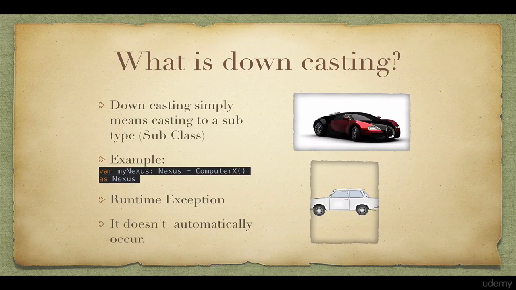We may wind up with runtime exceptions and our application is going to crash because we are downcasting an object of type superclass to an object of type subclass. It's a little risky. So now let me show you some practical examples in the IntelliJ IDEA IDE, and then it will completely make sense.